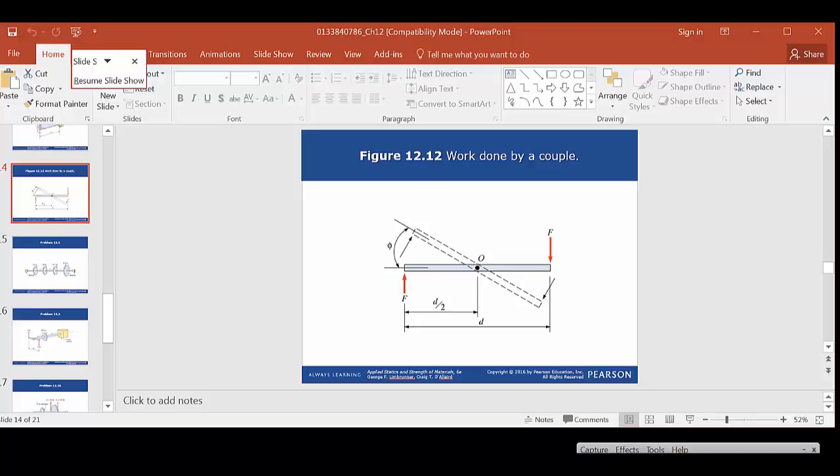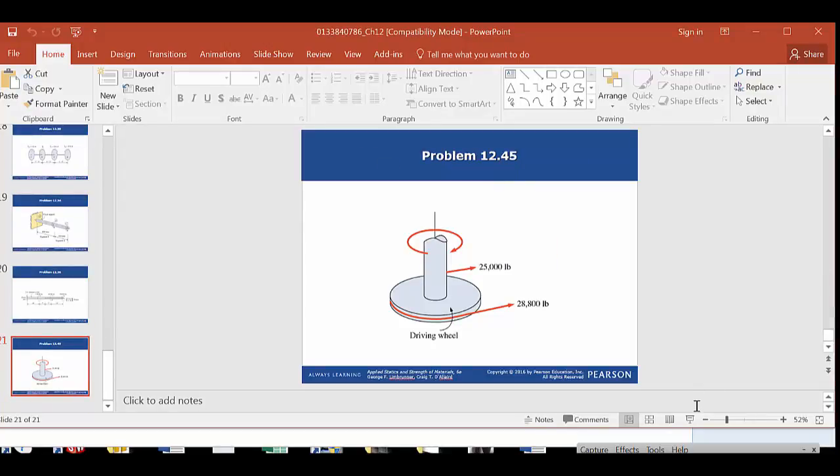The distance, instead of being this, let's just do it on screen. Come on. Interesting. Try it again.